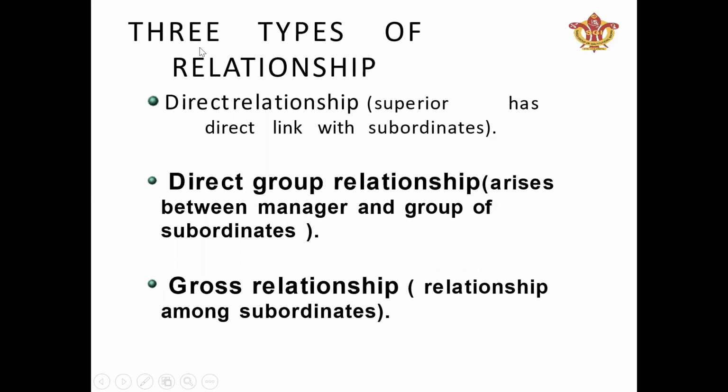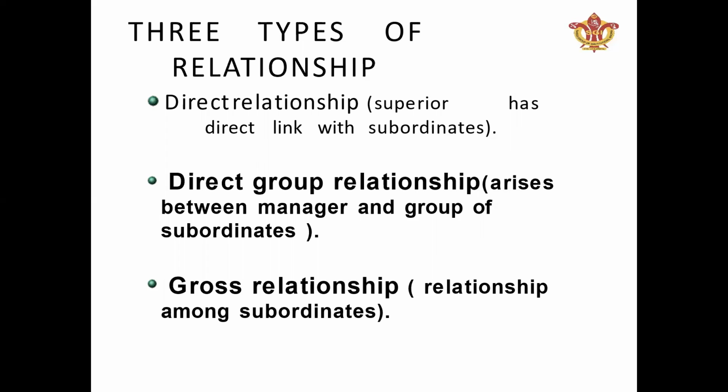According to Graicunas, there are 3 types of relationship: direct relationship, direct group relationship, and cross relationship. Direct relationship is when the superior has a direct link with the subordinate, directly coordinating, interacting and communicating with the subordinates.